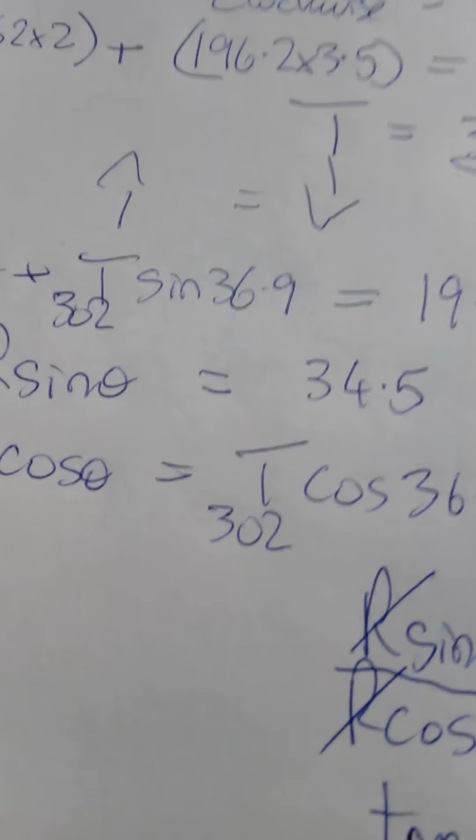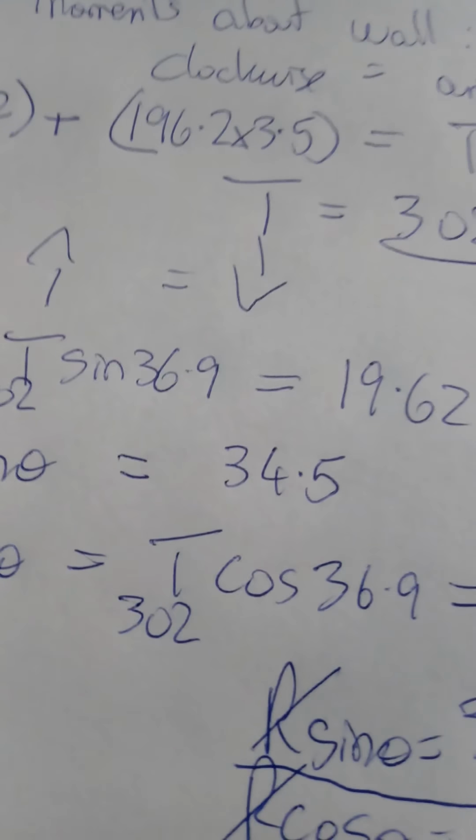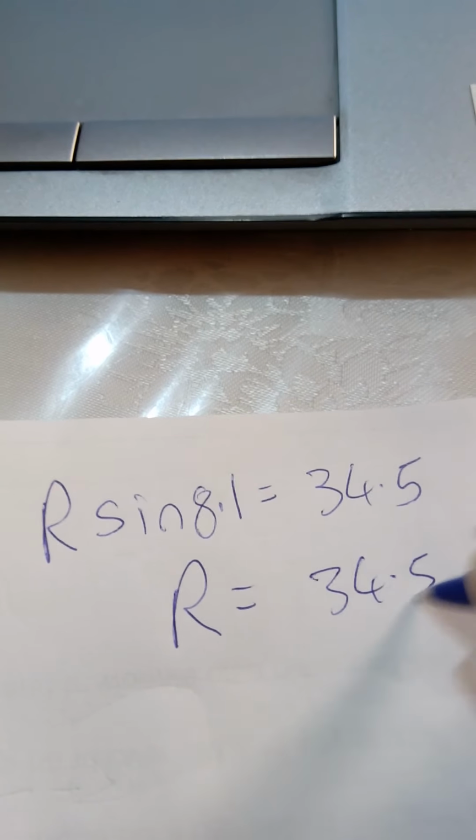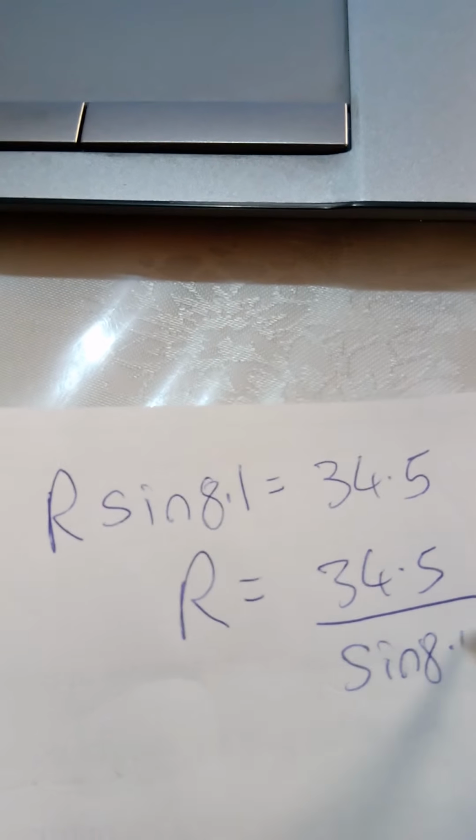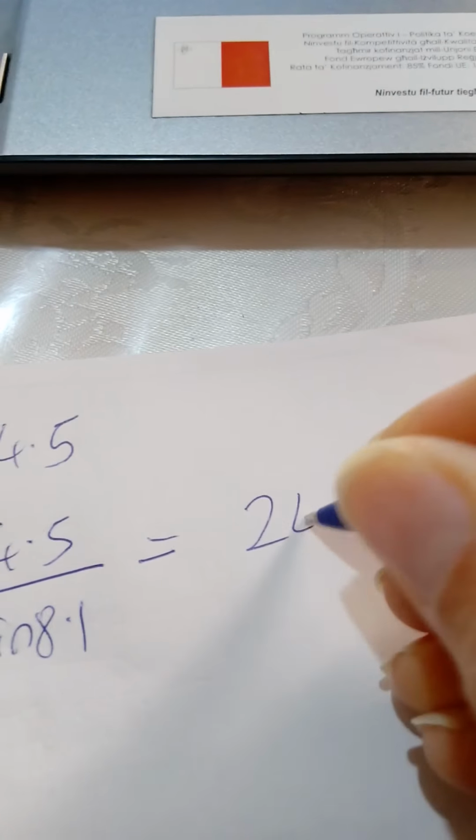Once you've found theta, you can also find the reaction R by using one of the equations. I would like to use R sine theta equals 34.5. We know that theta is 8.1, so R sine 8.1 equals 34.5. From there, I'll make R the subject of the formula, 34.5 over sine 8.1, and that one should work out to be 244 newtons.